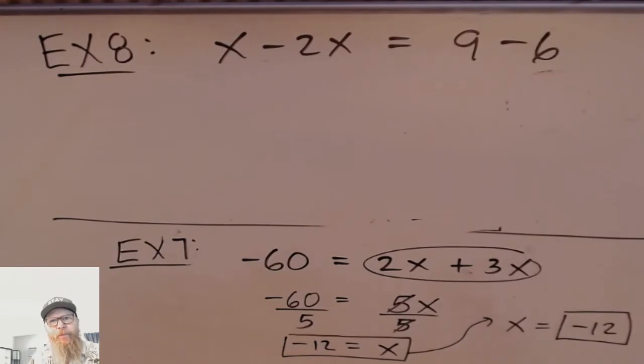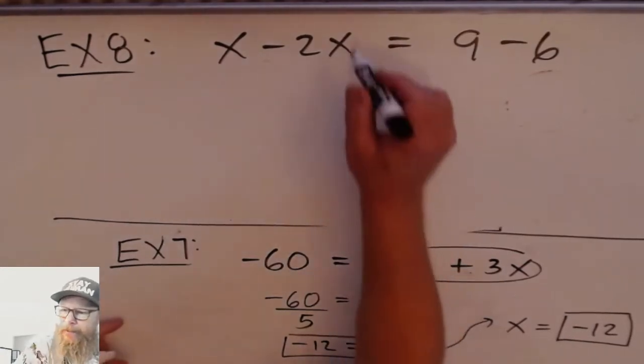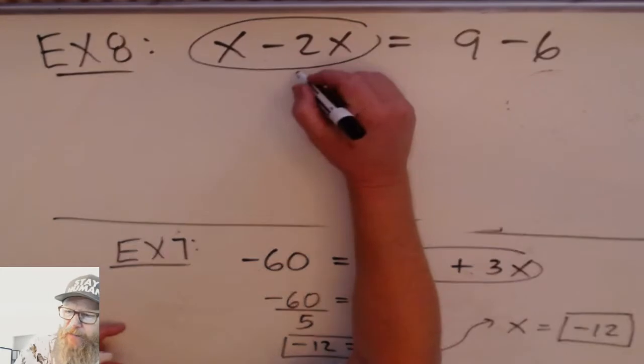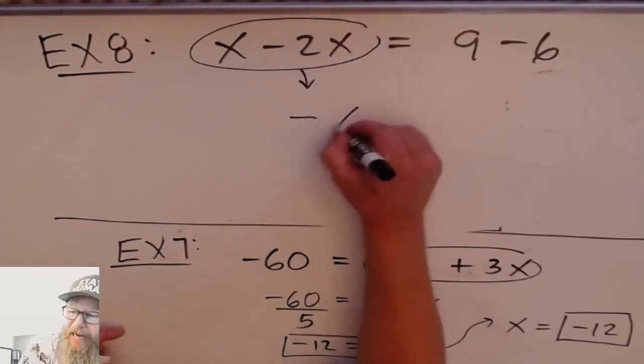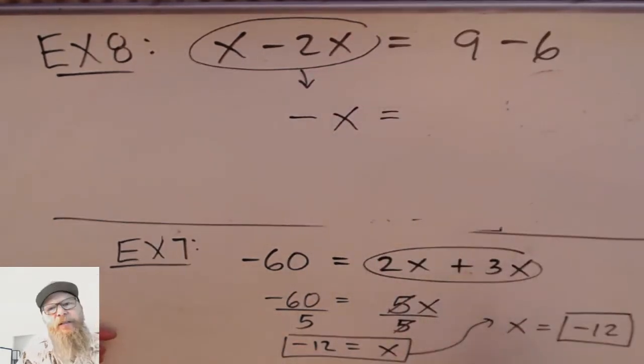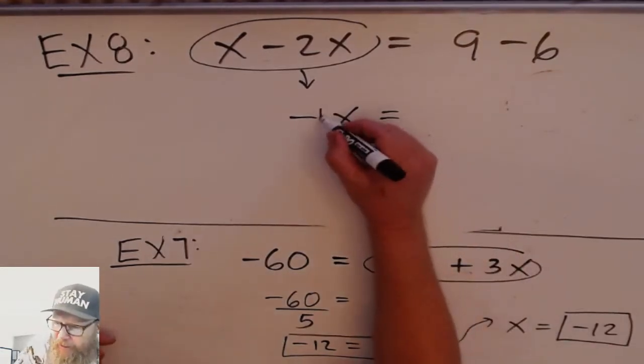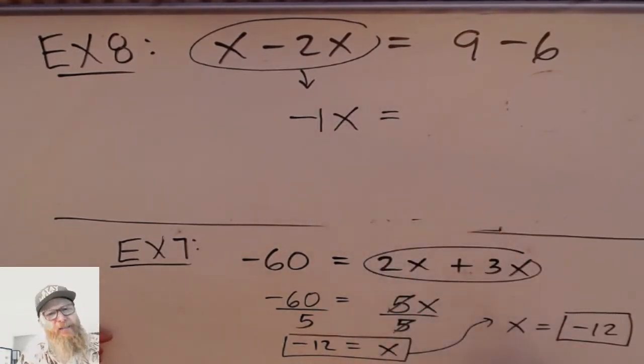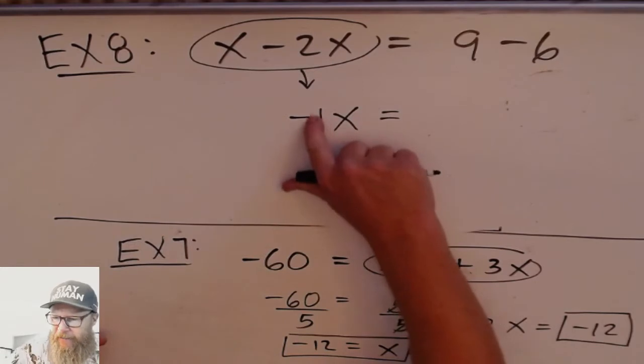Okay. x minus 2x is equal to 9 minus 6. So x minus 2x is negative x. Or if you prefer, and I do in this particular case, I like to actually write negative 1x.